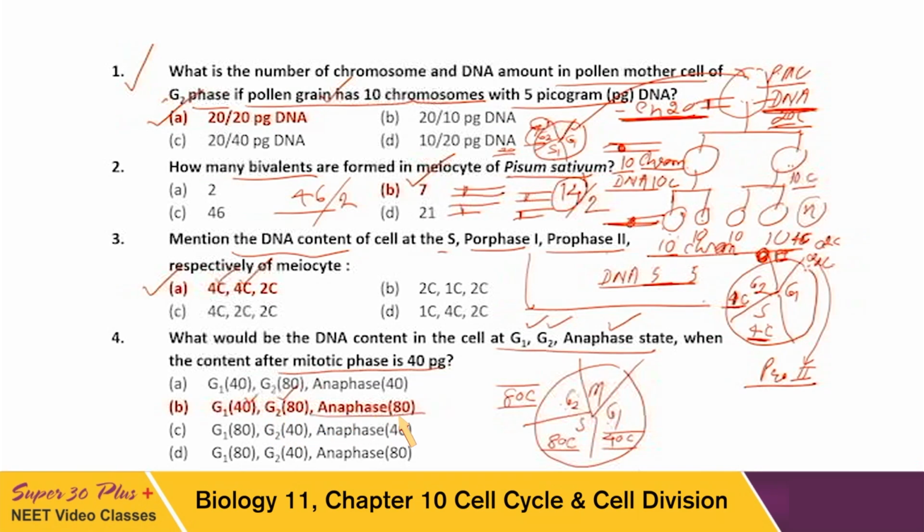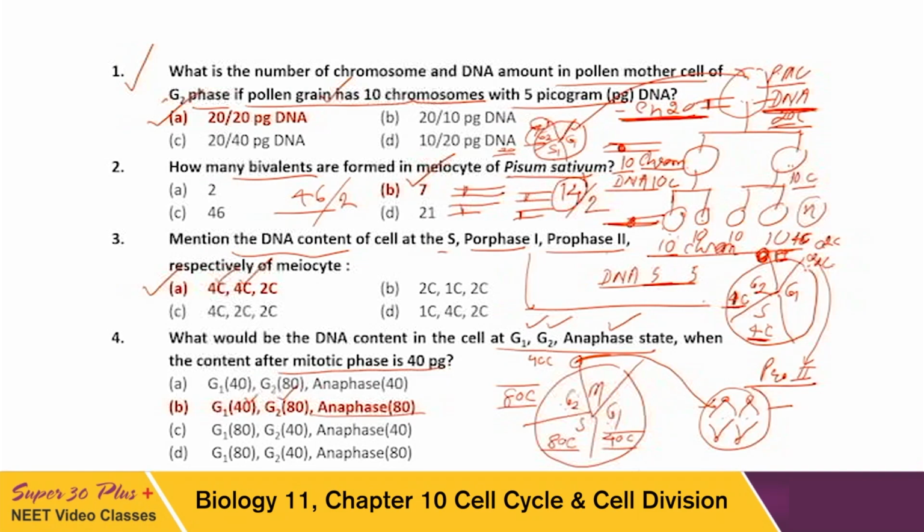Important one. Now this cell with 80C DNA has entered into the anaphase. I'm going to enlarge here. This is anaphase. What will be there in anaphase? The chromatids have gone to this side. Chromosomes have segregated into chromatids. But remember that the cells have not been formed.